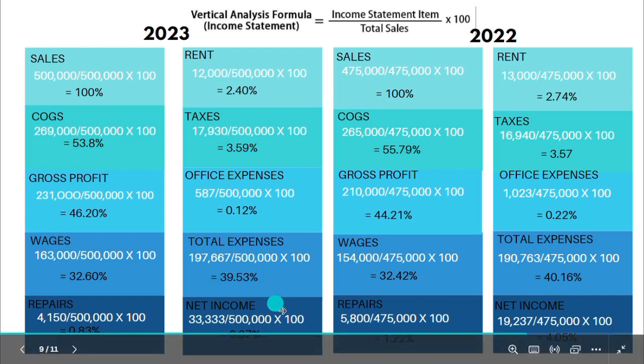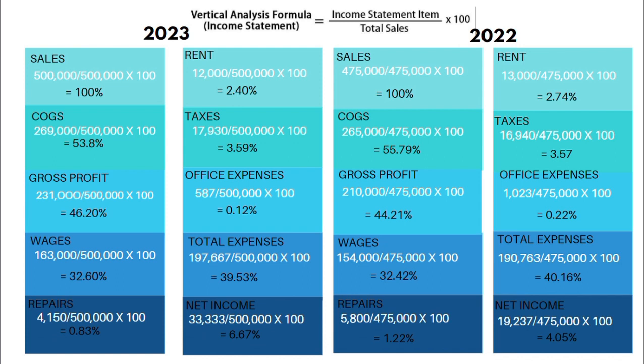For the net income, meron silang 33,333 noong 2023 divide by 500,000 which is yung sales noong 2023 times 100 is equals to 6.67%.